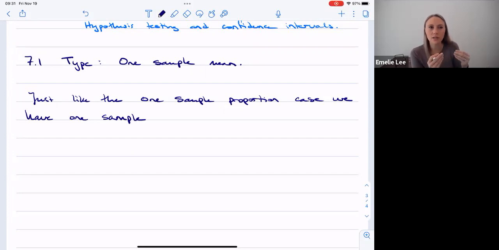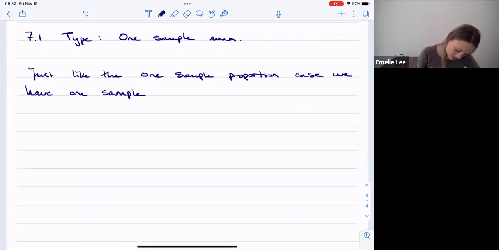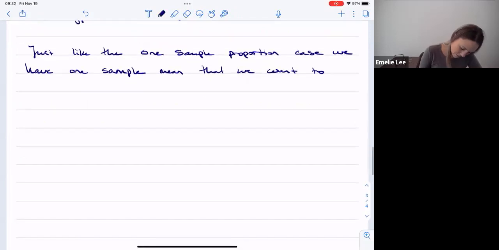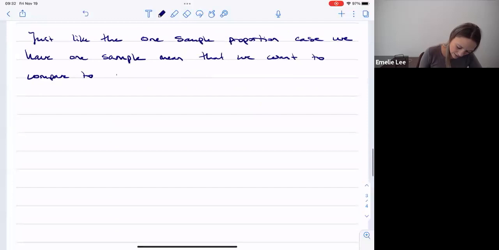So there's clues all along the way. But usually when we first read these things, we just read it as one sample mean and we don't absorb what we're saying, right? The mean means we have numerical data, right? And so now we have one sample mean that we want to compare to a hypothesized mean.